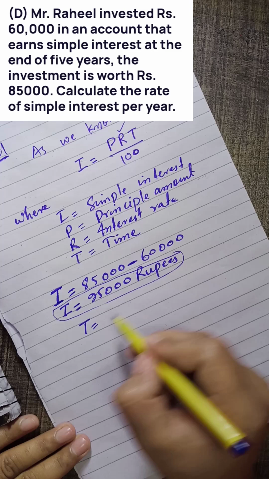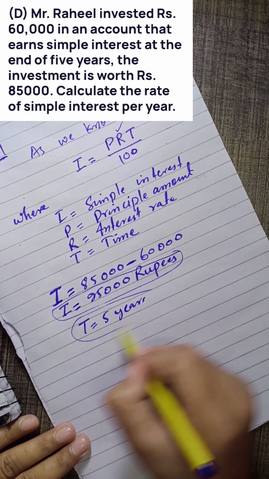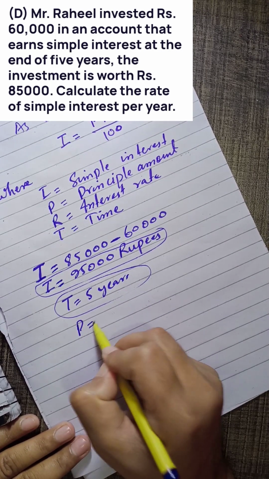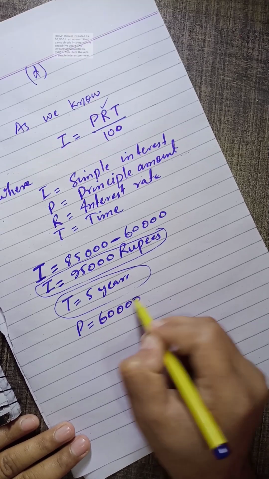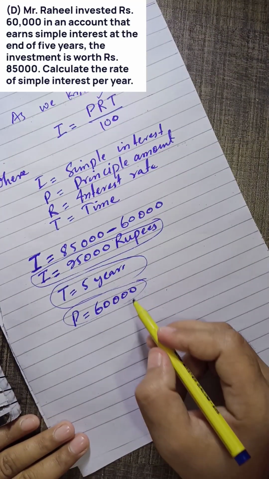We have found I. Time is 5 years, and principal amount P is 60,000, his initial investment. Here from we can find the value of R.